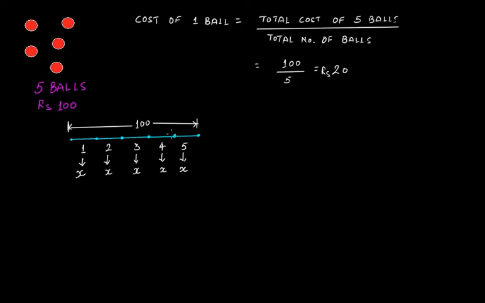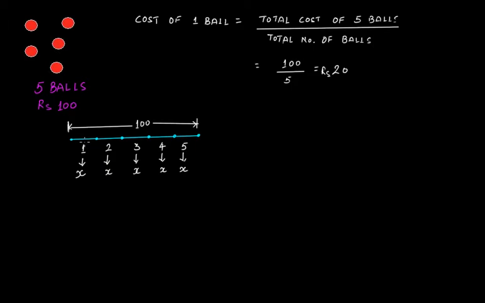So what does that mean? It means that this cost of 100, the total cost of these 5 balls, has been divided into 5 equal parts, where each part is the price of one ball.